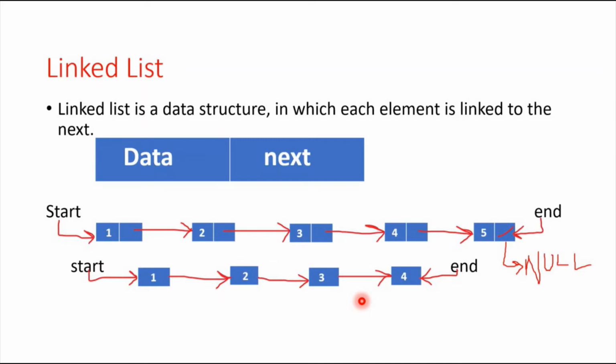This is the original representation of a list, which has two parts. In the second one it also has two parts, but I'm just showing you that each element is linked with another. I'm just showing you only data elements. Don't get confused by seeing both the structures. You can get this type of structure also if you go through the internet or any books.